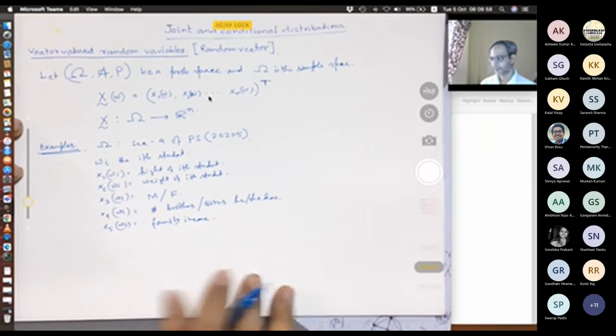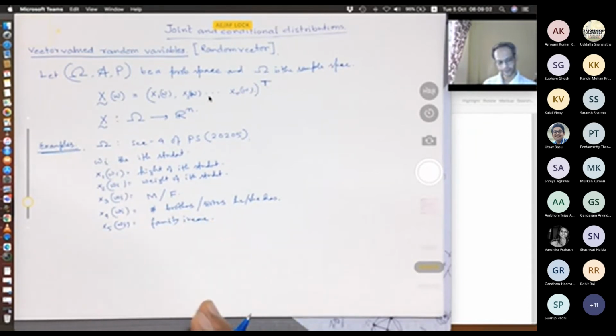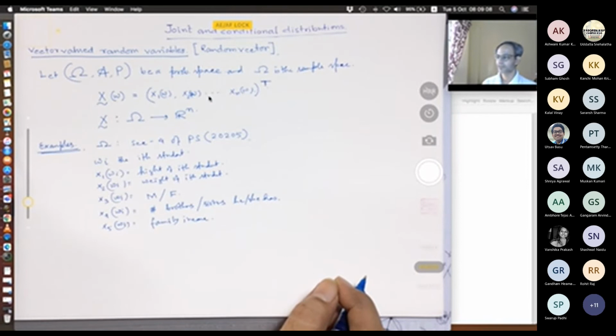So this is a very natural example. You can consider that your class is the sample space and you are one sample from that class, and as a consequence you can have this vector associated to you.